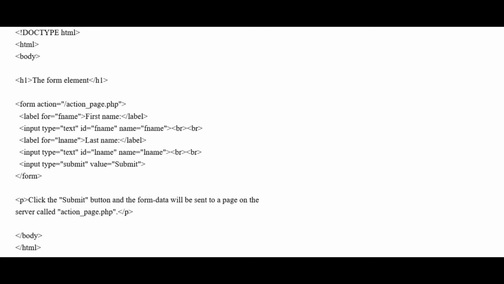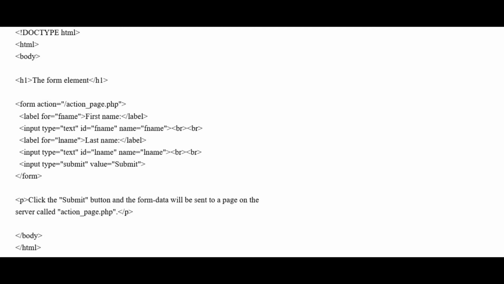Here I declared one form and give the action, which is action_page.php. Give the label for the name of the field. First one is first name, so give the label for fname. Label name is first name. Then input type equal to text.